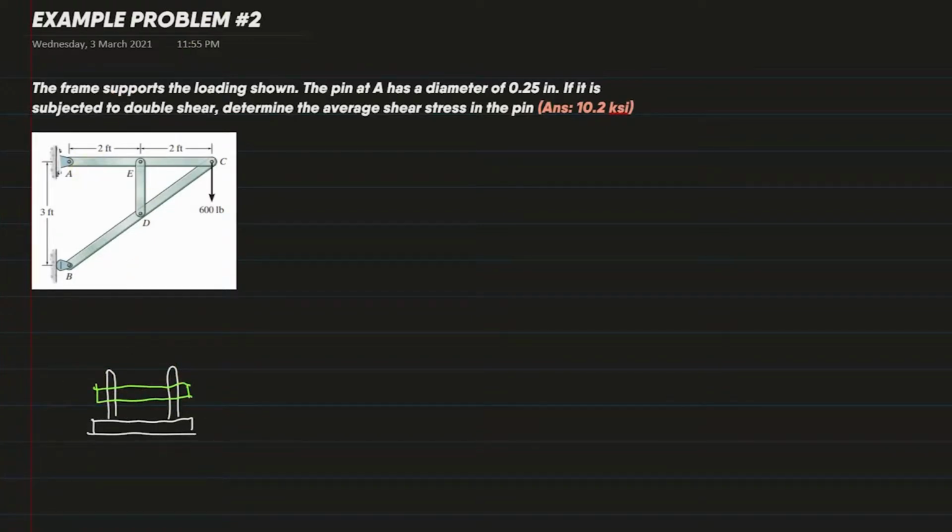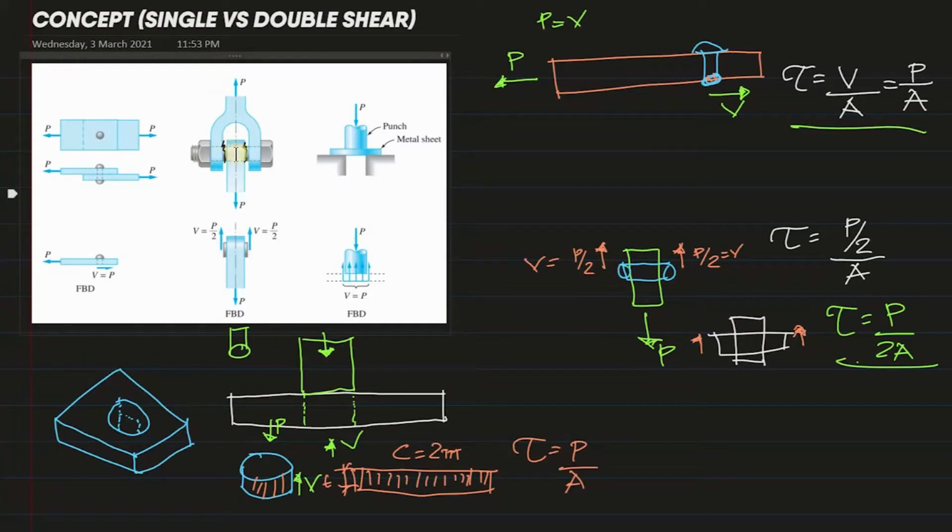Tapos, yung frame na to, nakahawak ulit yan dito. Okay? Gets niyo ba? So, ganyan. Parang ganyan yung itsura niya when looking at the top section. Ito yung pin natin. Nakapin yan para hahawakan niya yung member na to. Okay? Yung AE. Gets niyo ba? So, parang ganito lang siya. Pero in this case, mga bis, bolt siya kasi.